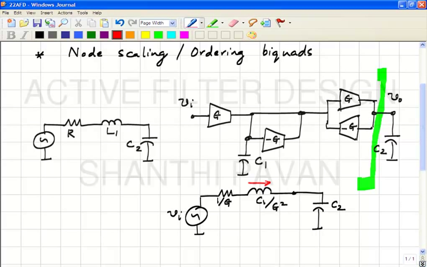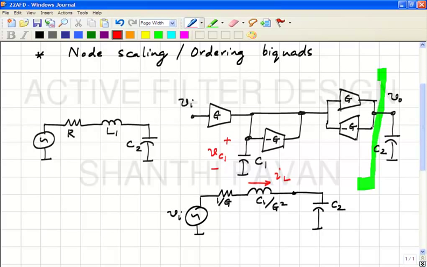in this network is stored where in the active realization? It is stored, so IL and VC1 are proportional to each other. They can't obviously be equal to each other because they are of different dimensions.